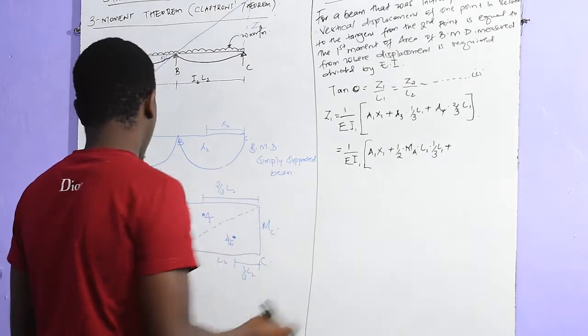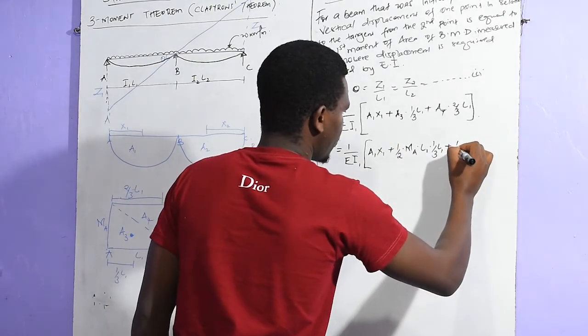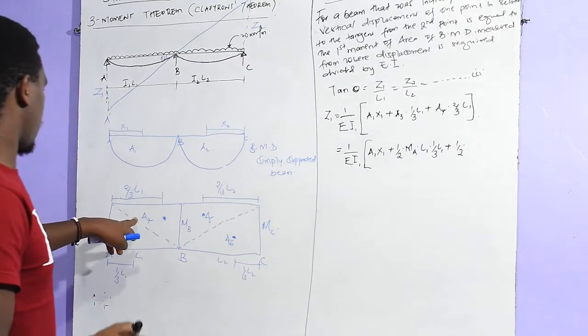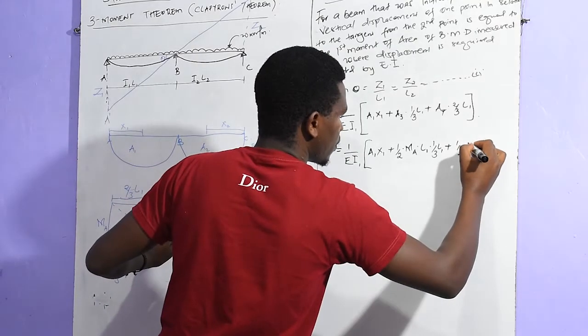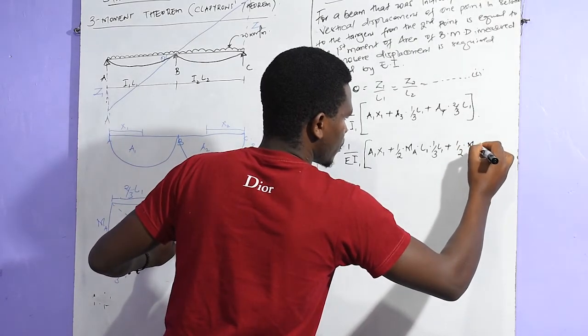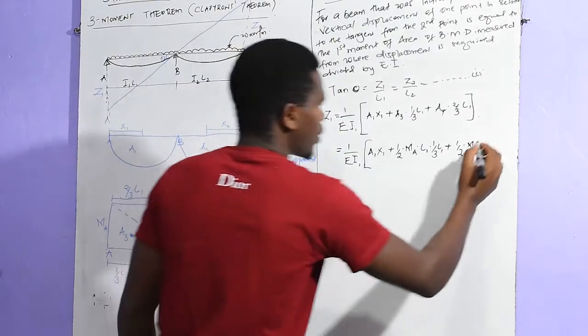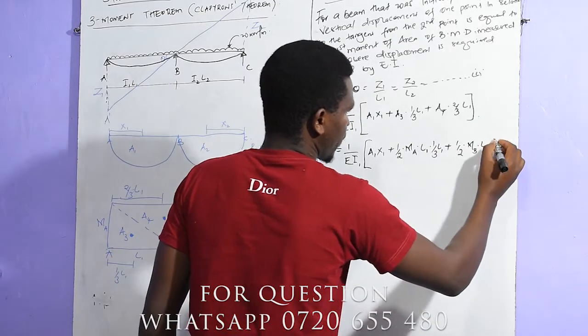Then you add area 4, which will be given by a half, multiplied by the moment at B, multiplied by L1, then multiplied by 2/3 of L1.